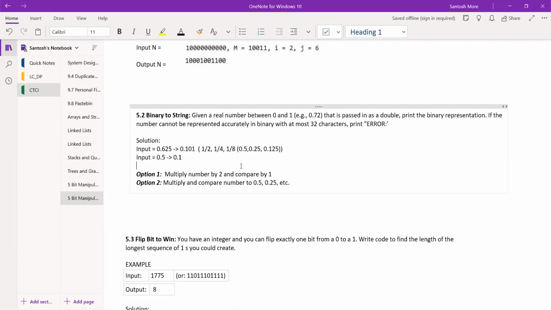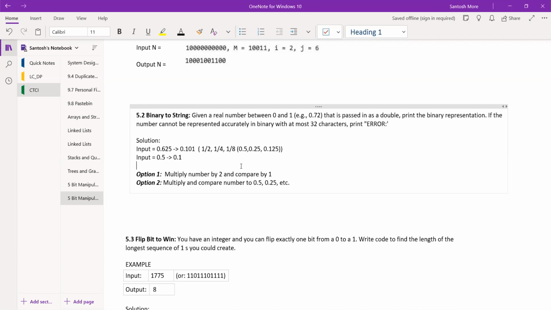In this case 0.6 is greater than 0.5, so we set one bit there, and then we move to the next one. But here the number will always be less than or equal to 1, from 0 to 1, definitely.